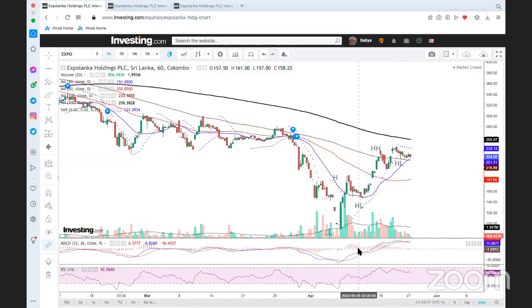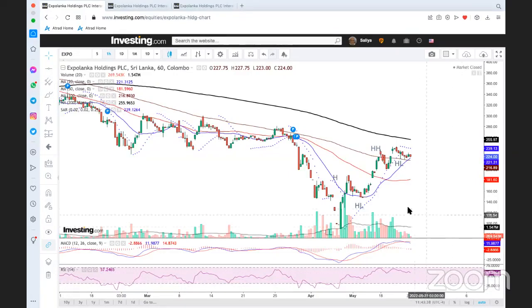The MACD line has gone above the center line, which is bullish, but the MACD line has crossed below the signal line, the red line. Then the RSI also has tested this high at 68.7, and now it's coming down. At the moment, it's 57.